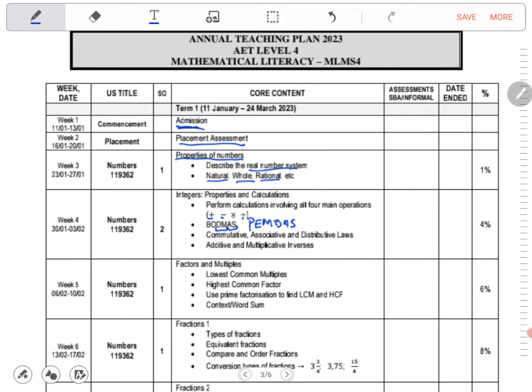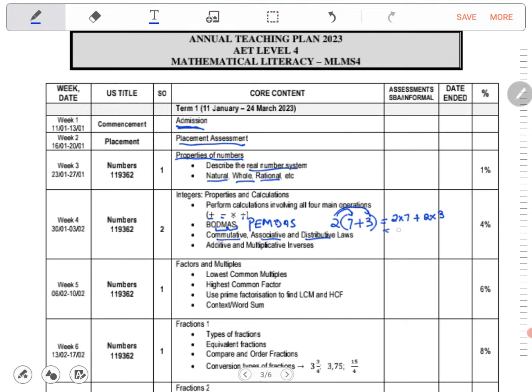And then we also have commutative, associative, and distributive law. For example, if you have 2 into 7 plus 3, sometimes you might want to distribute, so you would say this would be 2 times 7 plus 2 times 3.